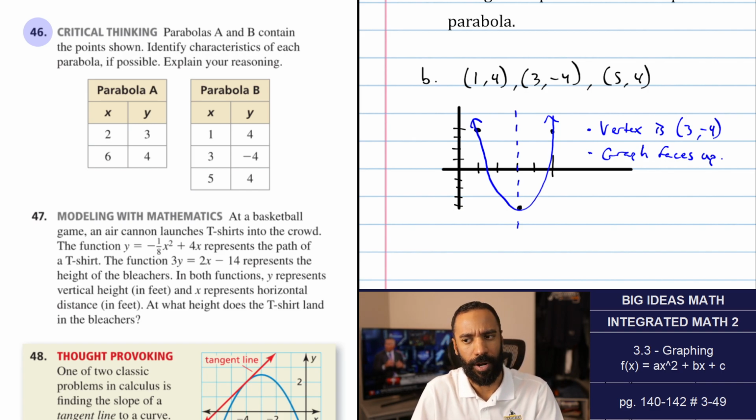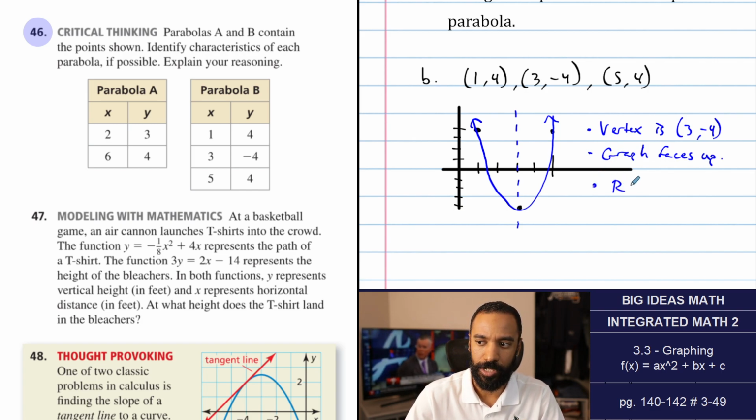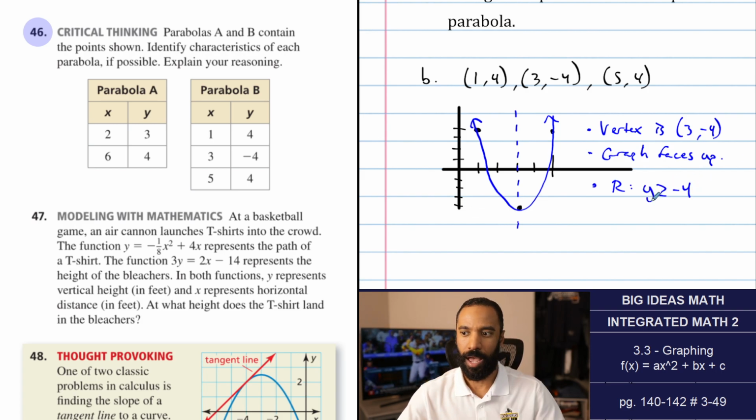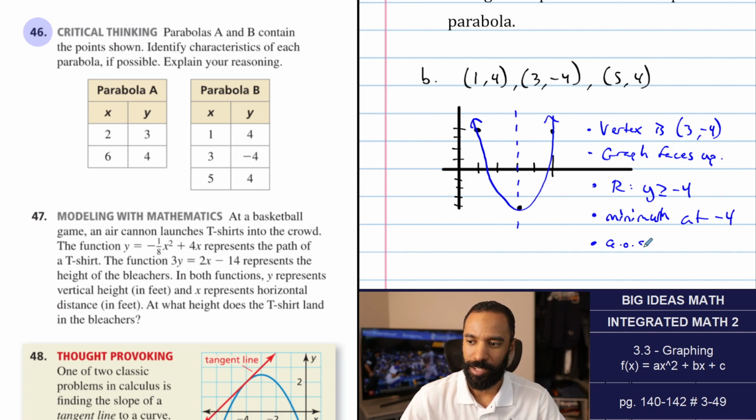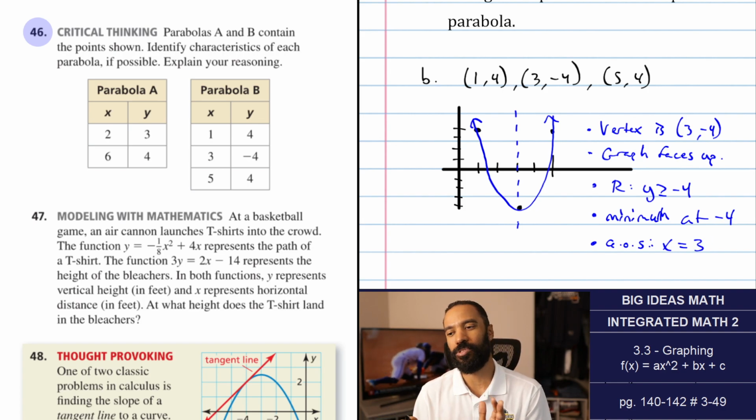I'm trying to think of what else I'd want to say characteristically. Range. How about range? Domain's all real numbers, but range is y is greater than or equal to negative 4. I mean, a minimum at negative 4. Axis of symmetry, x equals 3.